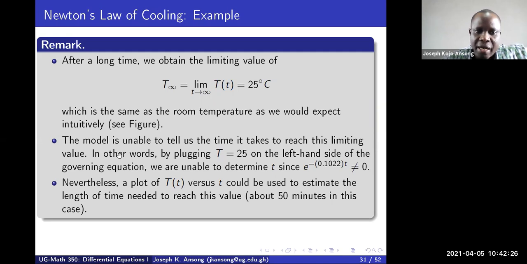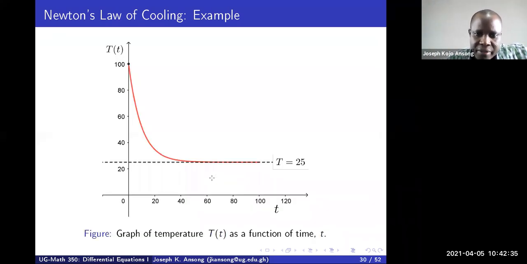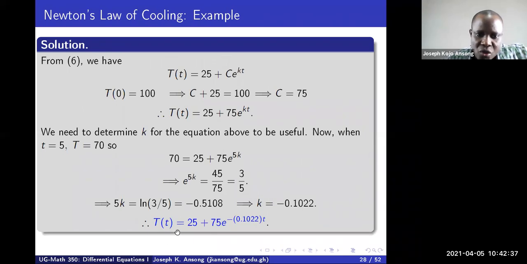Now, the model is actually not able to tell us exactly when the temperature will reach the room temperature. If you go back, this is because if I want to know when the temperature will reach room temperature, I have to put the temperature to be 25 and solve for t. But if you do that, you are not able to solve it. If you put 25 here, they cancel out, you get 0.